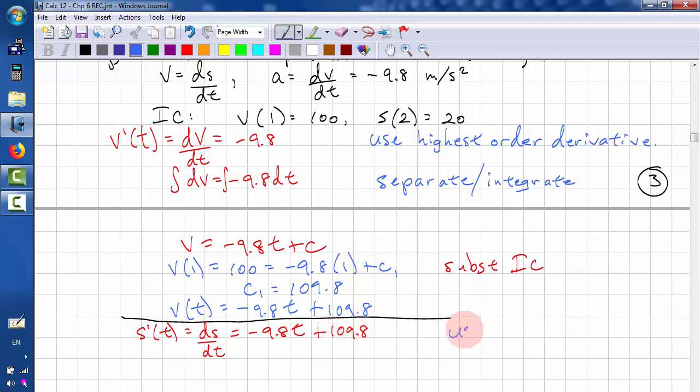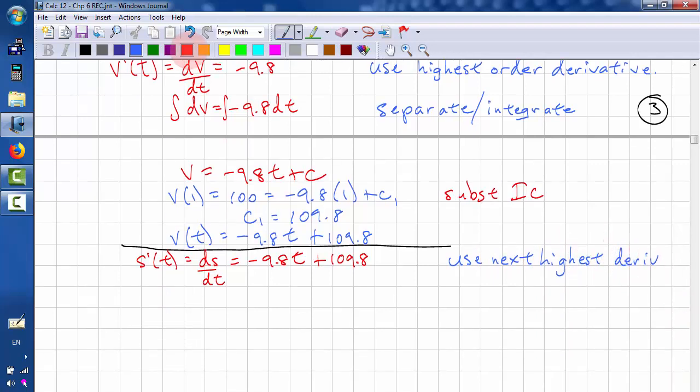And we want to use the next highest derivative. So we want to separate and integrate. So ds equals negative 9.8t plus 109.8 dt. And we want to integrate.